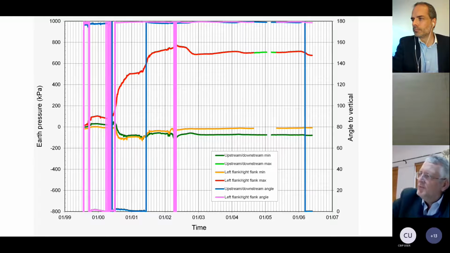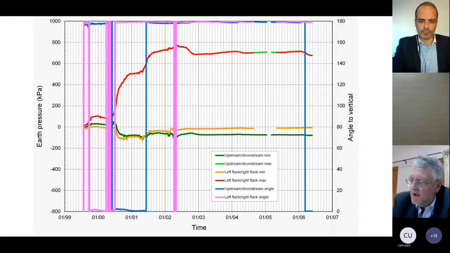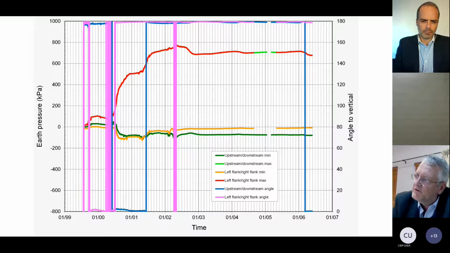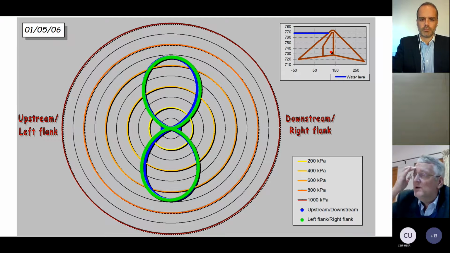And once we established that we have negative earth pressures, we also adapted the inspection program in that area. We increased the frequency of that. So we can prove that we have negative principal earth pressures in that area. And this is just one of the presentation methods that you can use.